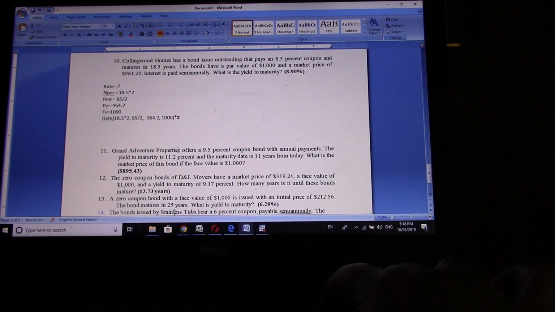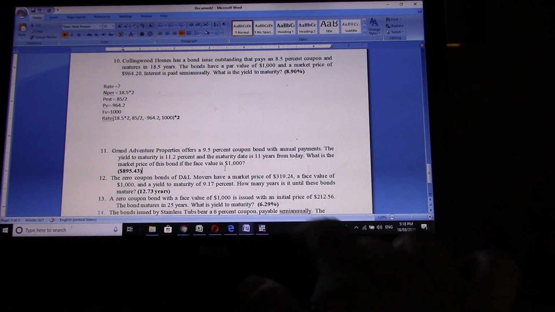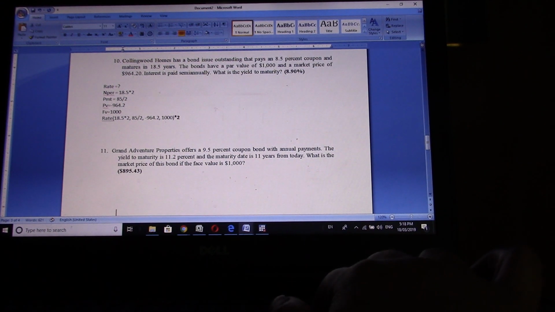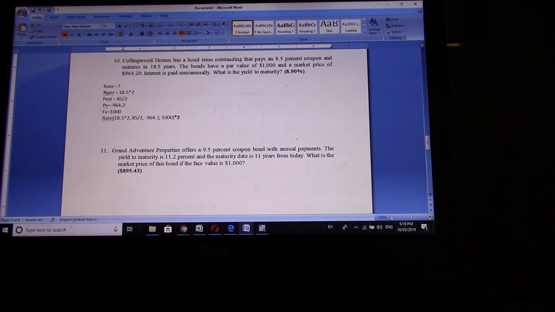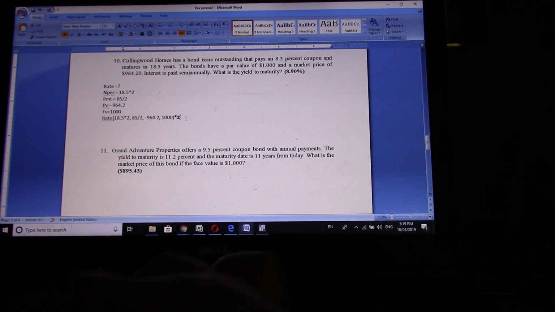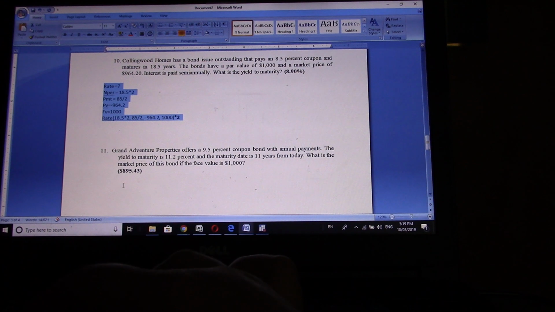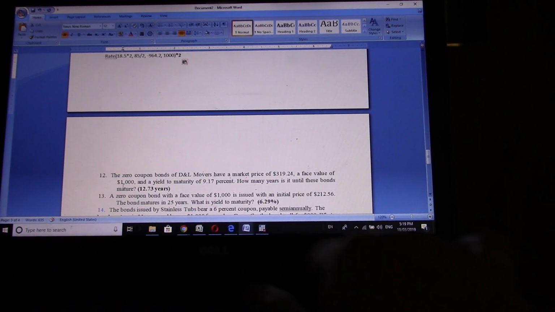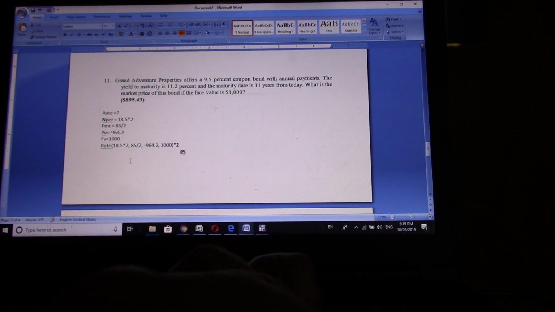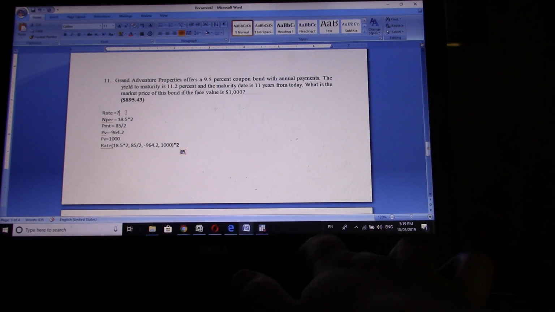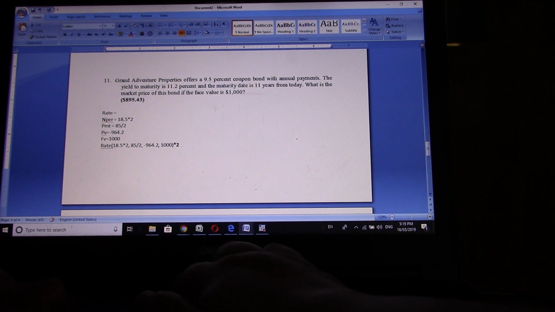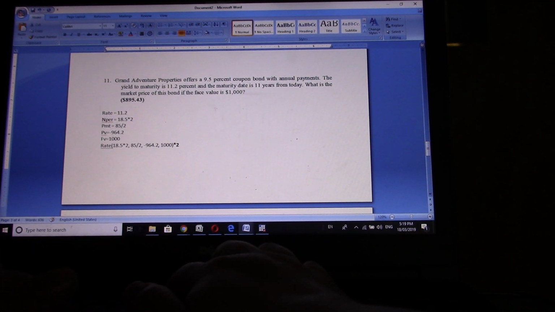This is 10. For 11, this is an annual coupon bond. It's asking for the price of the bond. So let's make some changes here. The rate is 11.2%, and it says it's an annual coupon bond.